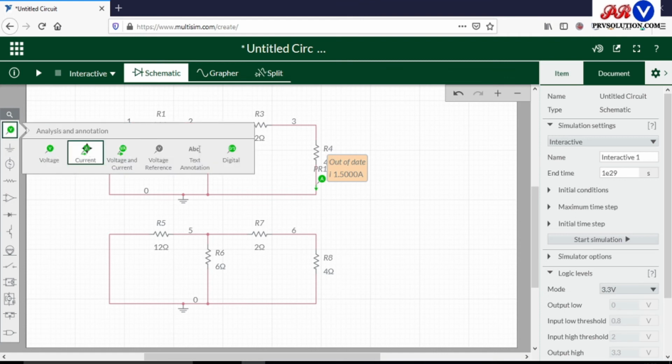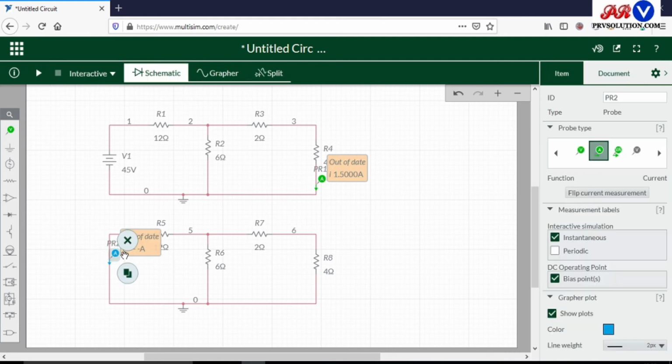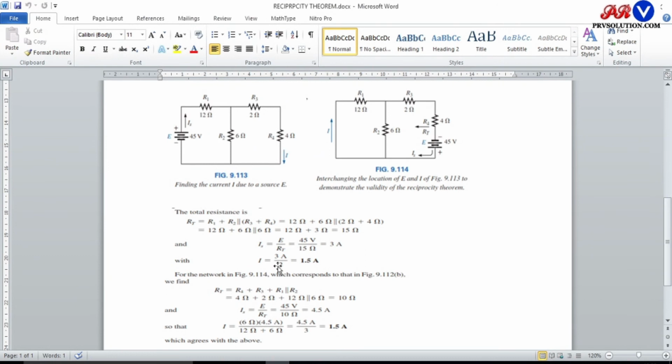Apply the indicator here. Flip the current measurement, because the current direction is from down to upward.